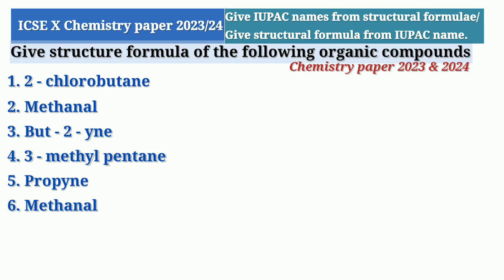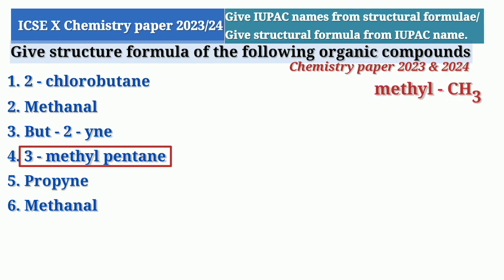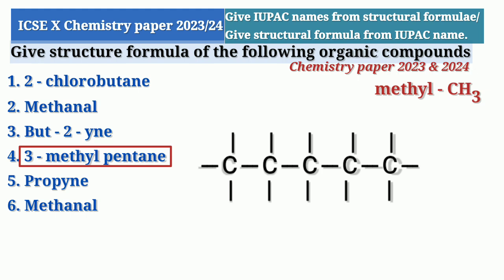Next compound whose structural formula we have to give is 3-methylpentane. Pentane tells us it's a 5 carbon compound. Pentane tells us that it is an alkane. That means it is saturated hydrocarbon with all single covalent bonds. And methyl group is present on third carbon atom. Functional group methyl is CH3. Let's draw 5 carbon atoms, each with 4 covalent bonds. We have to attach methyl group CH3 to third carbon atom.